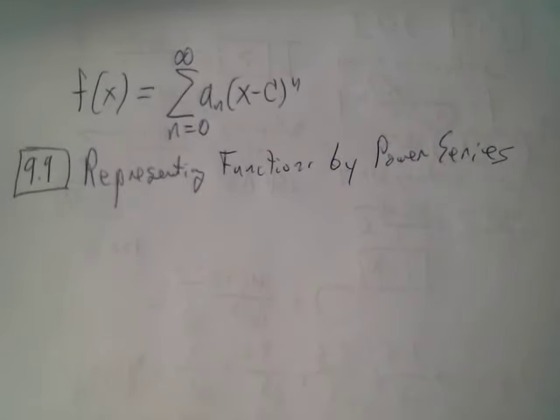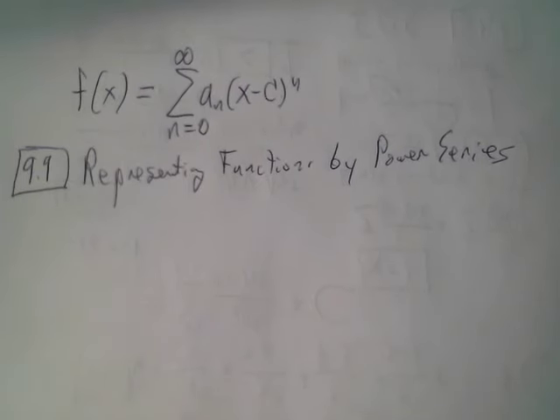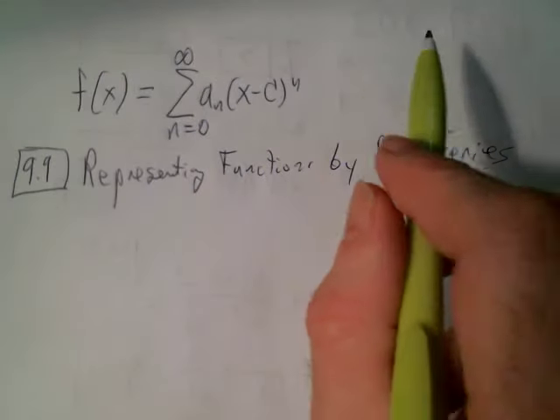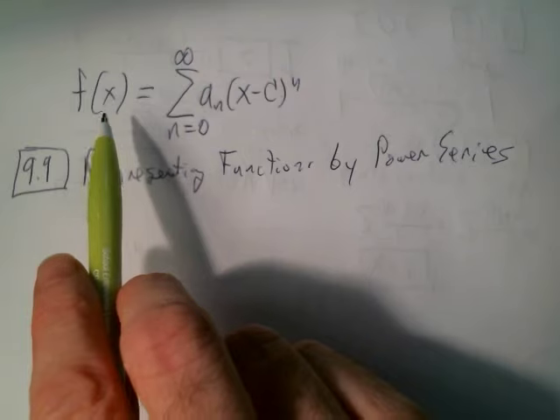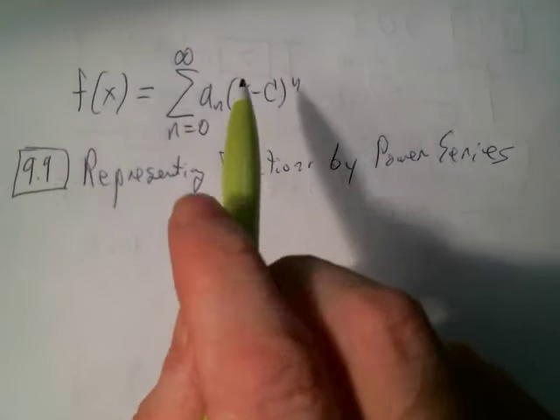I think it was 9.7, we saw there seems to be a connection between these polynomial things and functions. Given a function, if it had enough derivatives, we could build a polynomial based on that function. That was called a Maclaurin polynomial or Taylor polynomial.